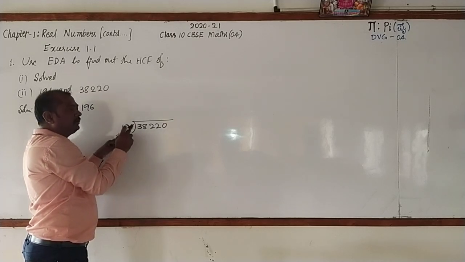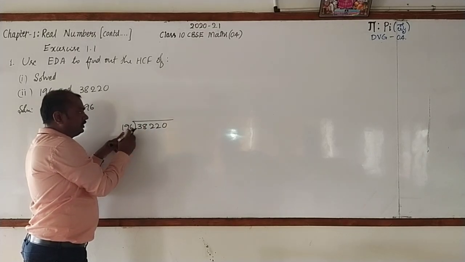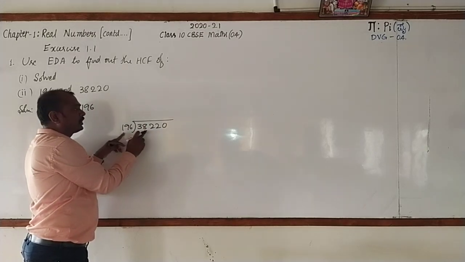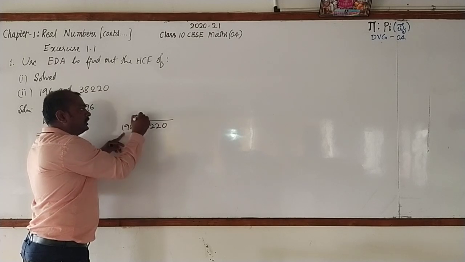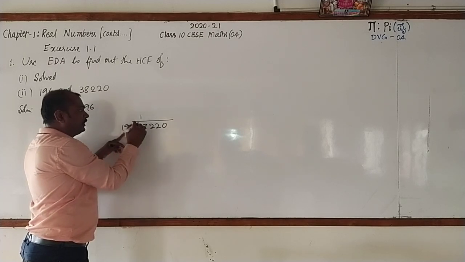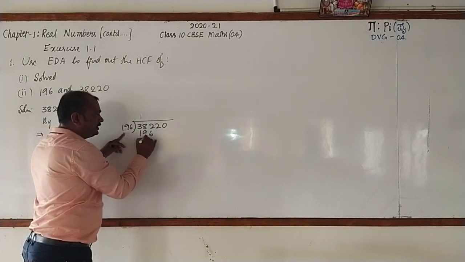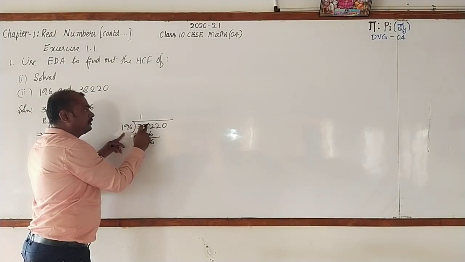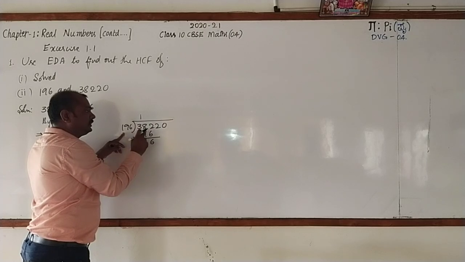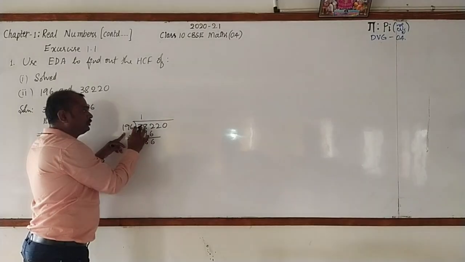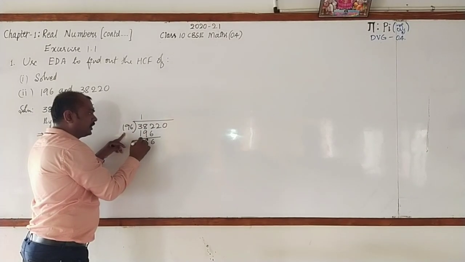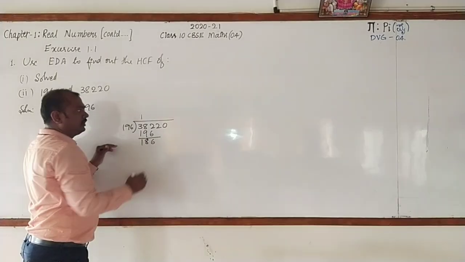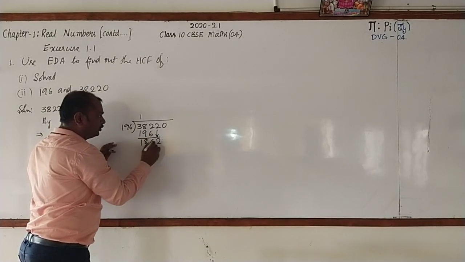If you take 2 times, it will be close to 400, so it will not work. Hence I go for 1 time. 196 ones are 196. Subtract: 12 minus 6 is 6. Then 7 will remain. 17 minus 9 is 8. 2 will remain. 2 minus 1 is 1.